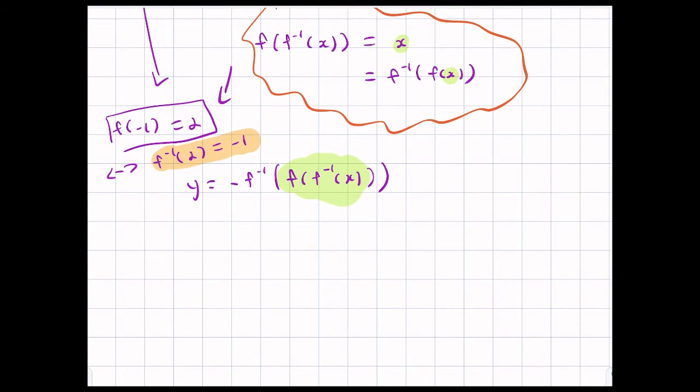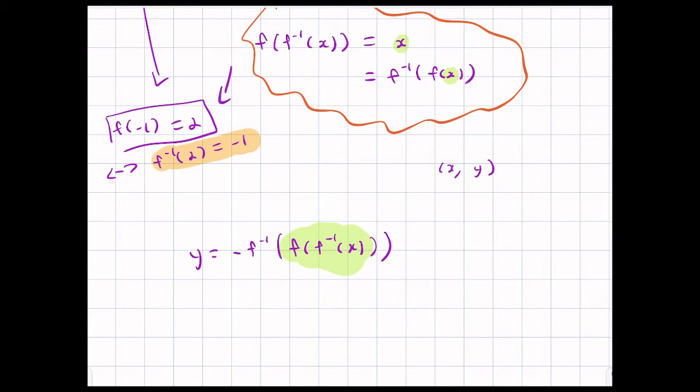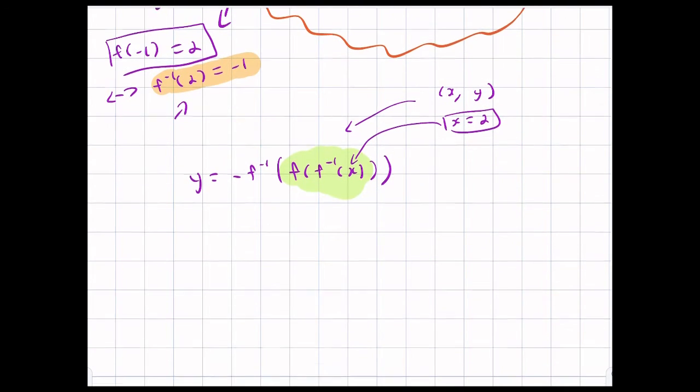And so what can I do? I can plug in. Let me move this down to get a bit of space. I can say if I want to find an x y pair on the graph of this function, negative f inverse of f inverse of x, well, let me take x is equal to 2. Why? Because I know that if I plug that in here, I know what f inverse of 2 is. It's going to be -1.